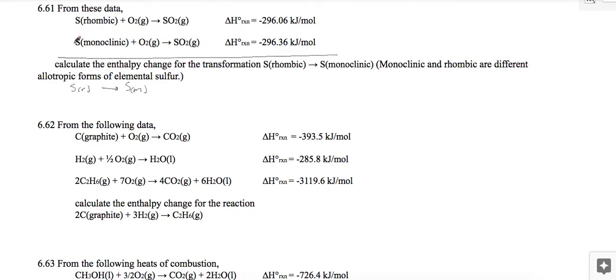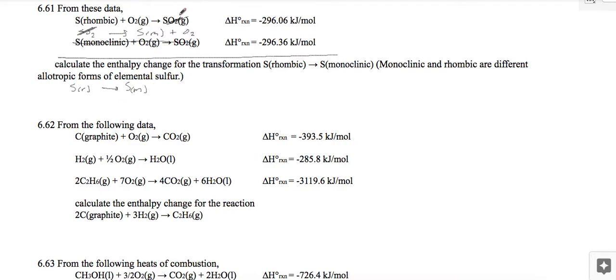So if we flip this around, we end up with SO2 goes to sulfur monoclinic plus our oxygen. Notice now we have the sulfur on the right side. And then everything else that we don't want cancels, because if we have the same thing on the reactant side and the product side, it goes away.